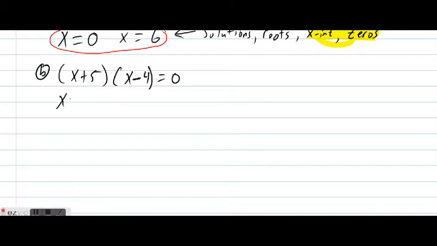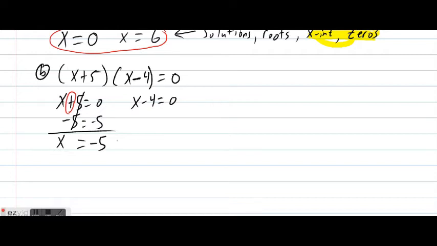Set each one, x plus 5 equals 0, x minus 4 equals 0. Subtract 5 from both sides, because how do I undo something that's positive? By subtracting. So I'm going to subtract 5 from both sides. x, those cancel out, is equal to 0 minus 5, negative 5.